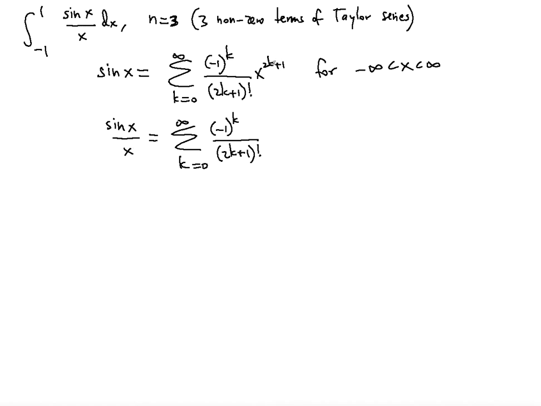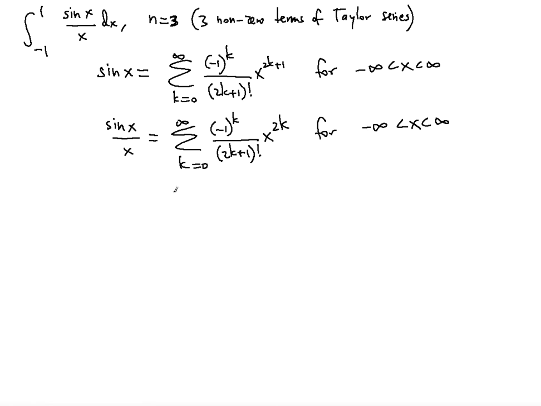Dividing by x essentially removes the plus 1, because using the properties of exponents, you subtract 1 from the exponent on top. So it's essentially x to the power of 2k. That's it. And same thing, true for all x values.